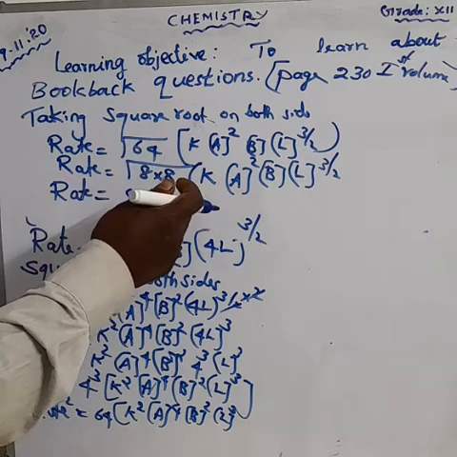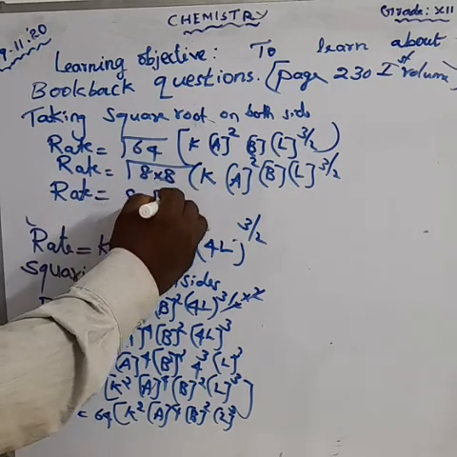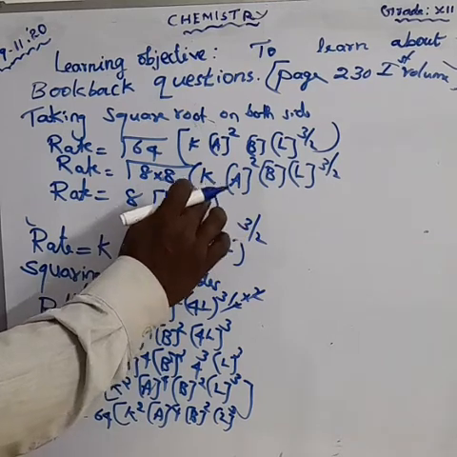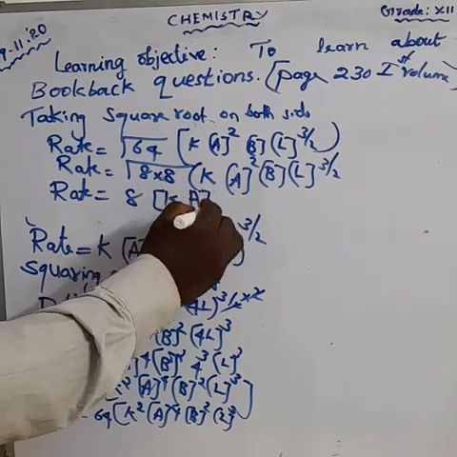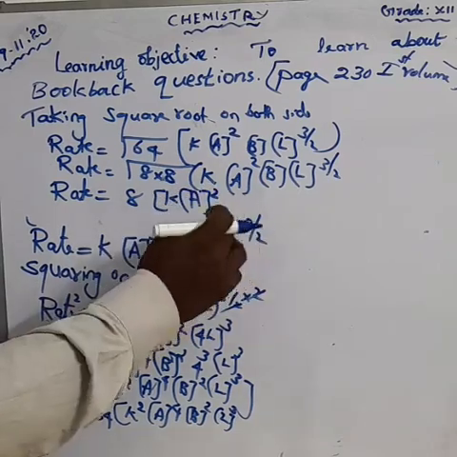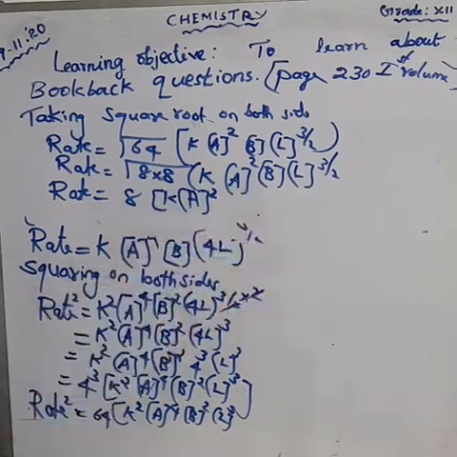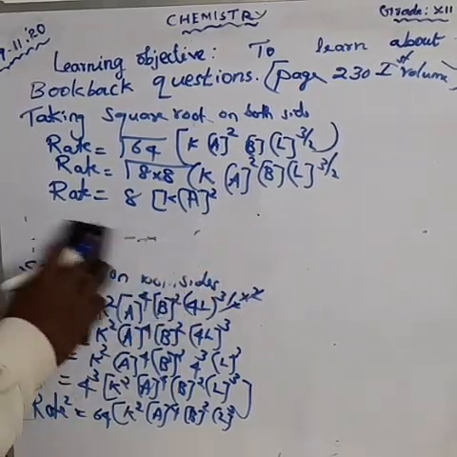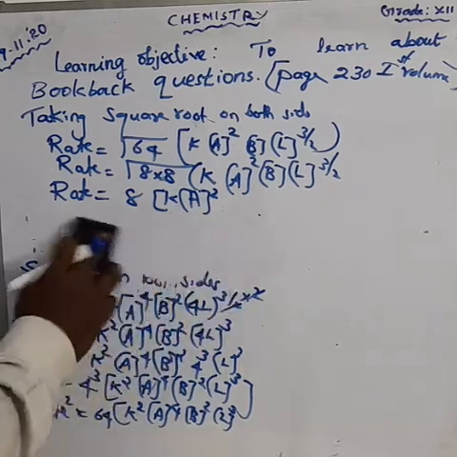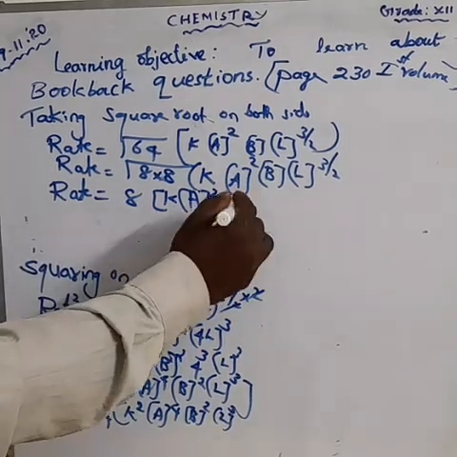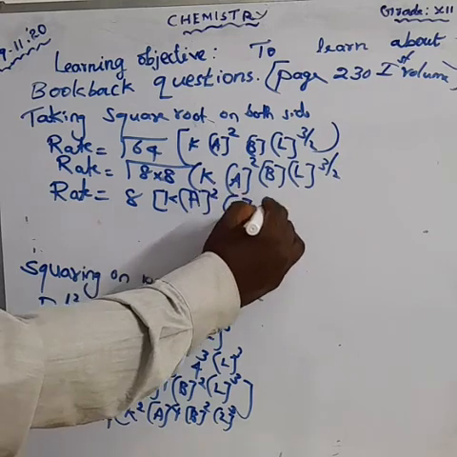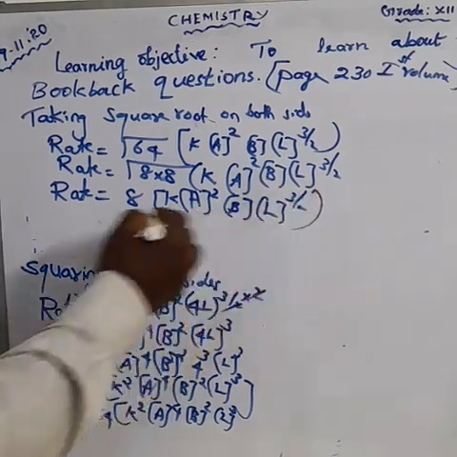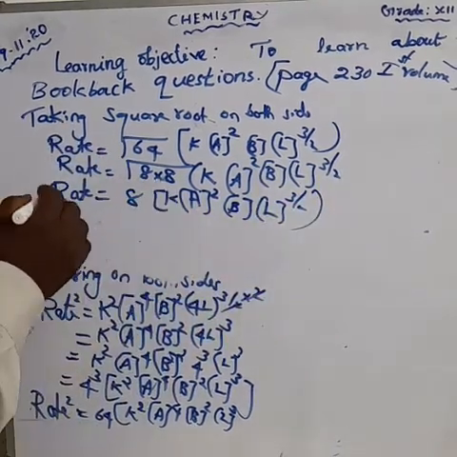Okay, 8 times K A square B L 3 by 2. Okay, this is the answer.